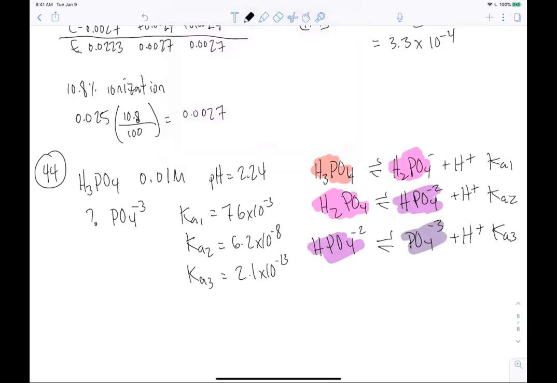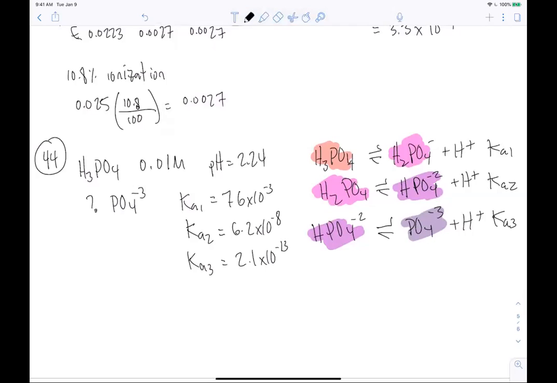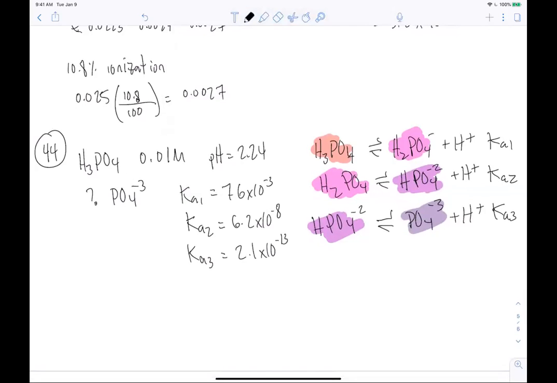So at pH 2.24, the easiest way to look at this is probably to look at the pKa values, and use that trick we talked about in class today.